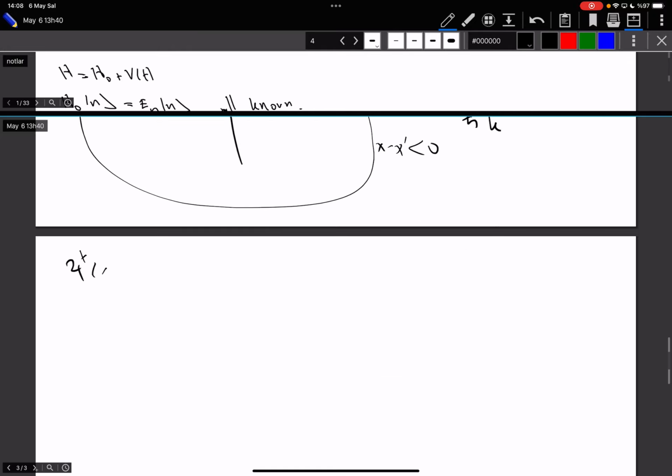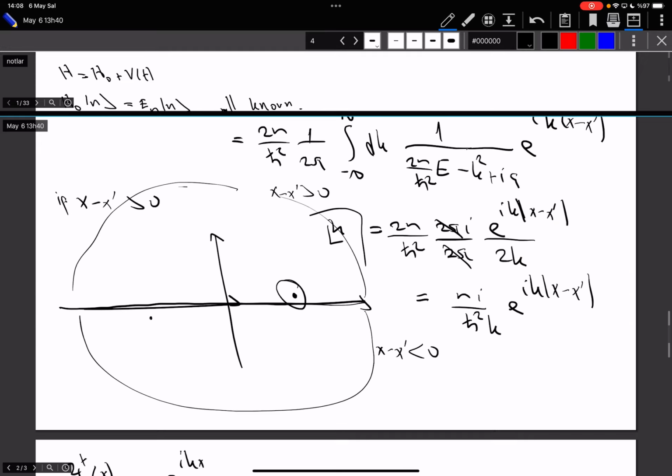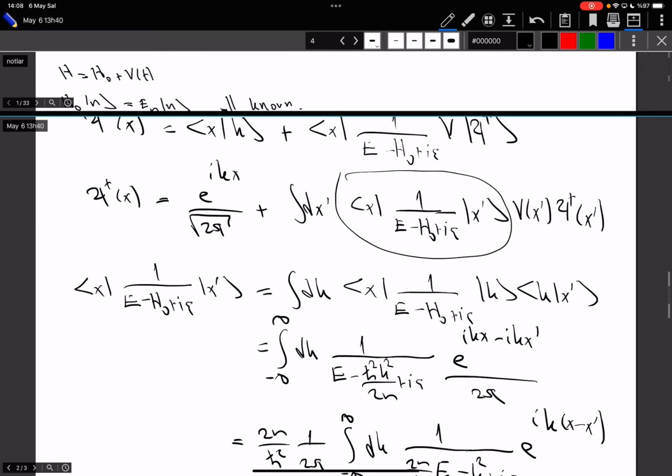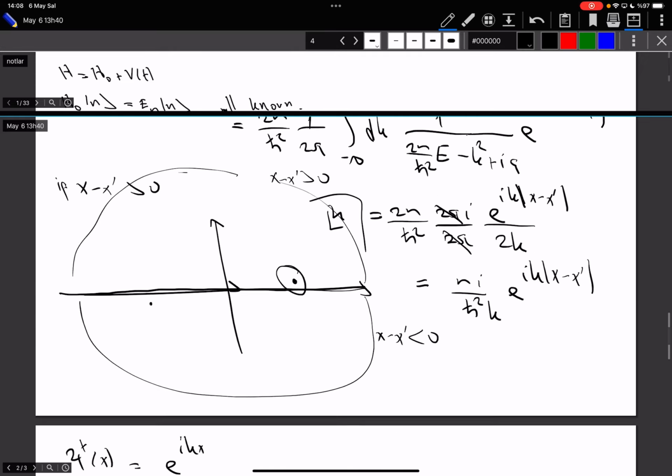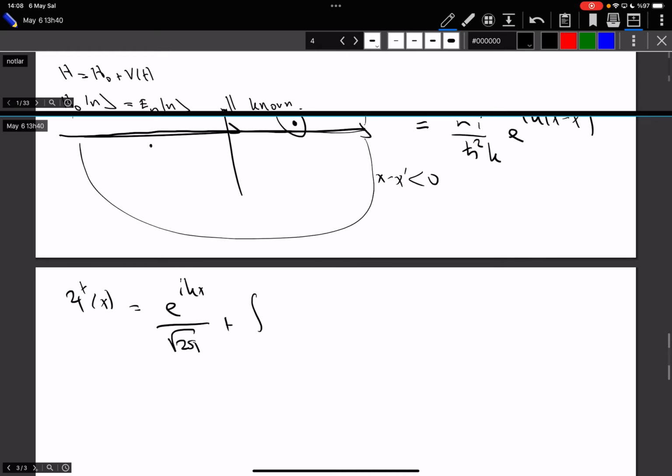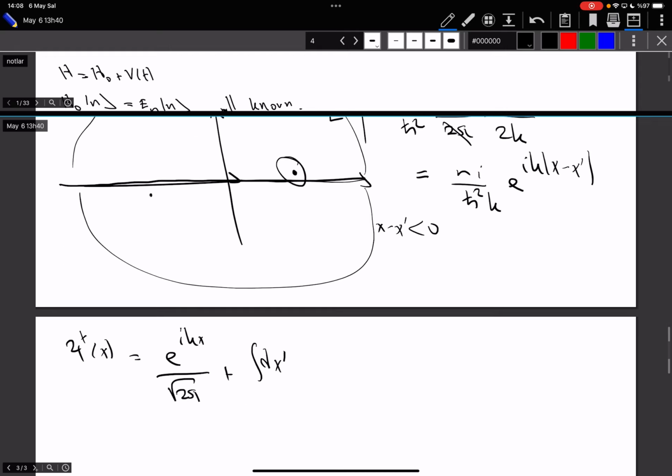Psi plus of x will be e to power ikx divided by square root of 2 pi. And then I have an x prime integral. This term, mi over h bar squared k, e to power ik|x minus x prime|.